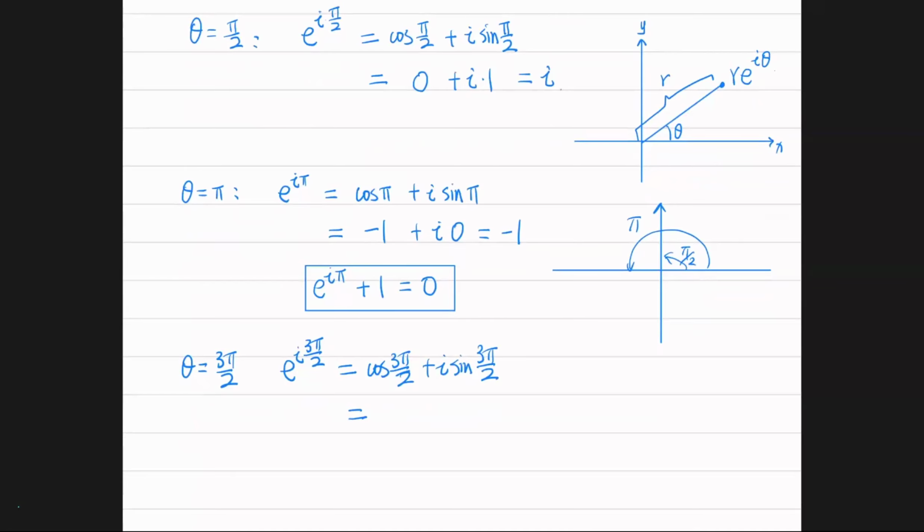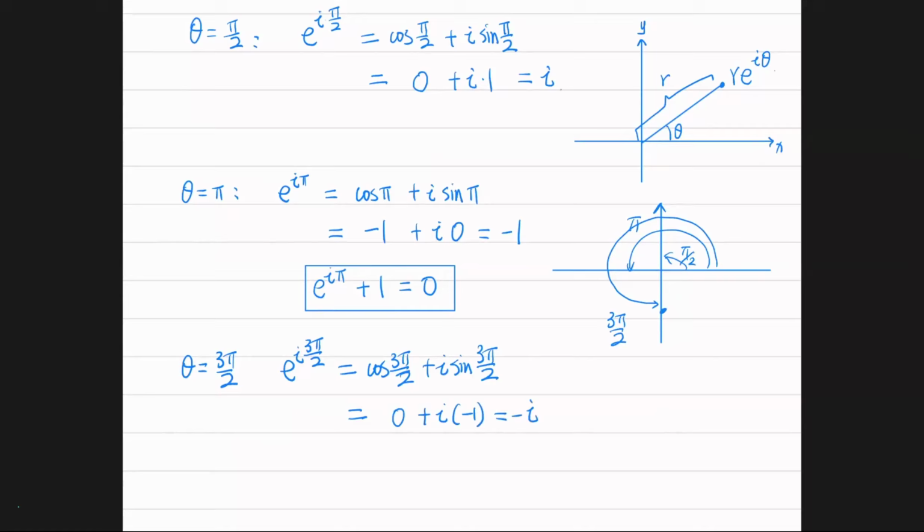Sine is negative, cosine is 0. So that's negative i.